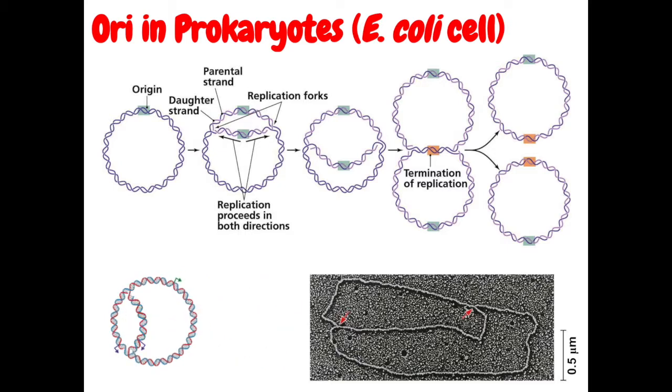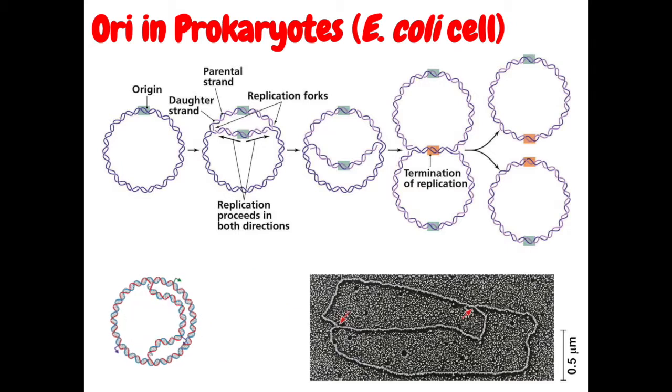Another big difference is that prokaryotic cells have chromosomes that are circular as opposed to linear in eukaryotic cells. And in prokaryotic cells the DNA only has one origin of replication, and that origin of replication attaches to the plasma membrane that's present in prokaryotic cells.